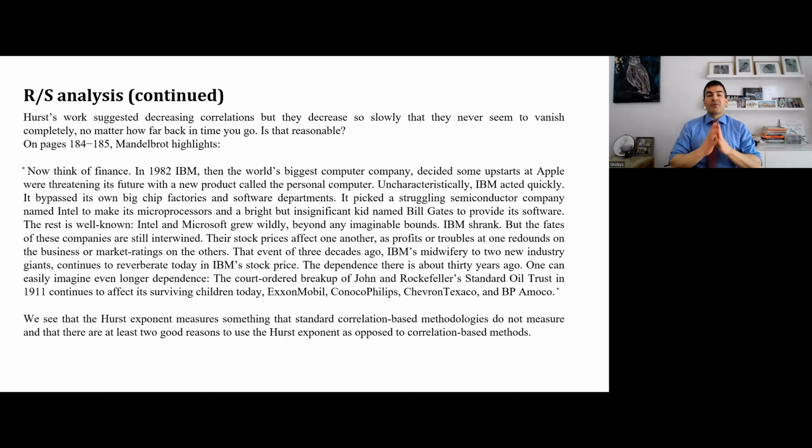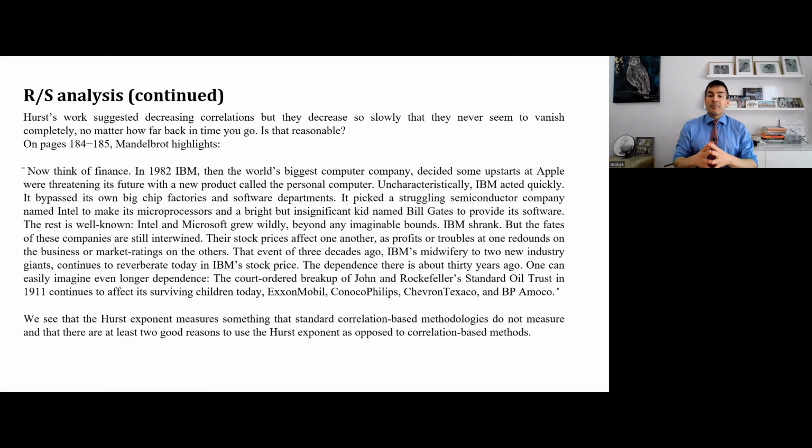So we see that the Hurst exponent obviously measures something that standard correlation-based methods do not measure. And there are at least 2 good reasons to use the Hurst exponent as opposed to correlation-based methods. First, the Hurst exponent methodology makes no assumptions about the underlying data generating process.